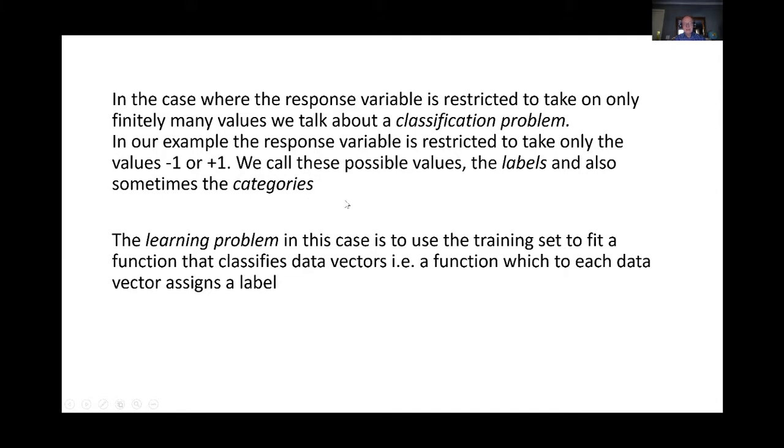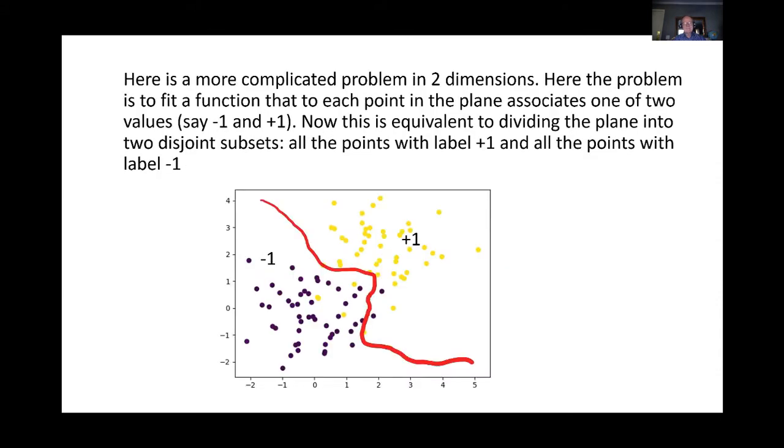What we're trying to do is to create a model such that when we get a new data vector, the model can tell us whether it should have label +1 or -1. So in this case, it's a binary classification problem. You can also have more than 2 values, but we won't be looking at this right now.